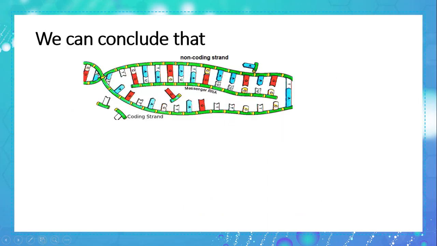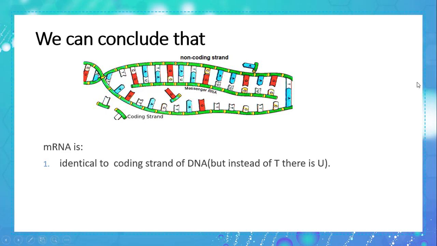Let's correct them now. If we compare the messenger RNA to the coding strand, we conclude that mRNA is identical to the coding strand of DNA, but instead of T, there is U. If we compare the mRNA to the non-coding strand, we notice that they are complementary to each other.